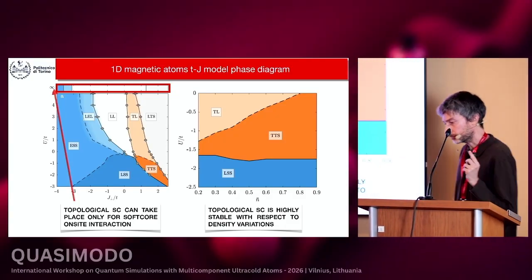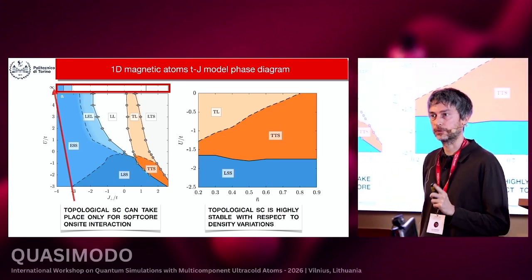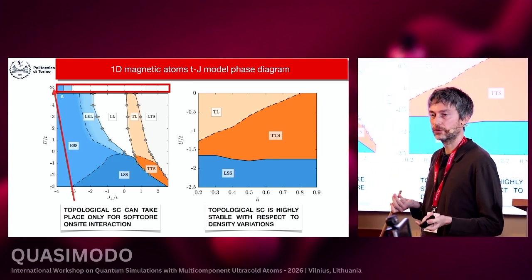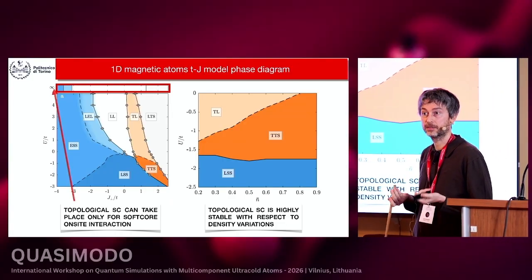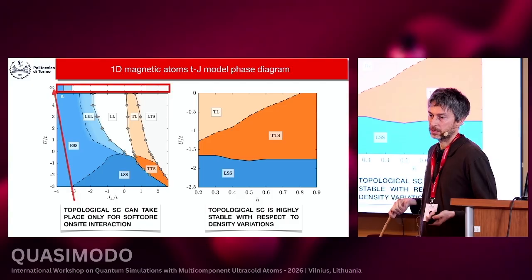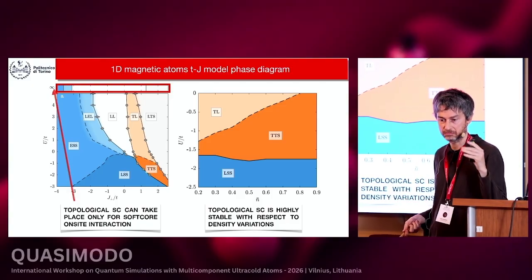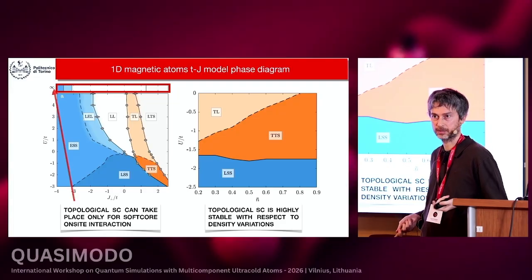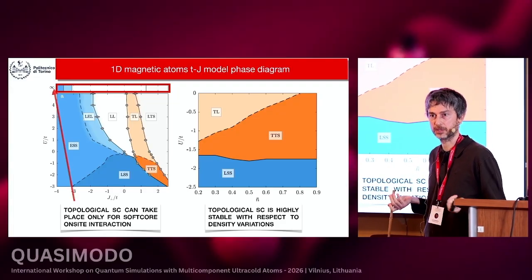Now, all the results that I've been showing you have been obtained at 0 temperature. If you want to compare theory with experiments, of course, in experiments you have finite temperature. But if you want to explore phases with a finite gap, and your temperatures are smaller than the gap, your 0 temperature approximation is usually a very good approximation.